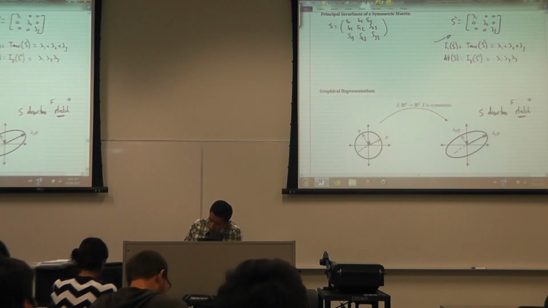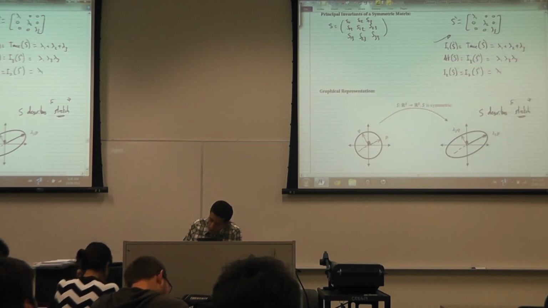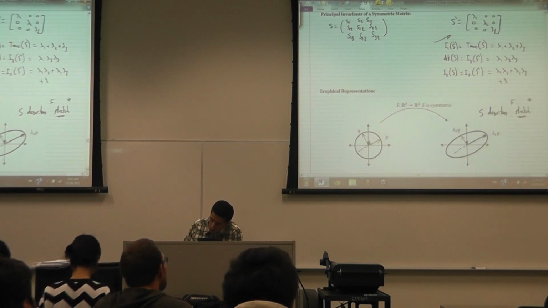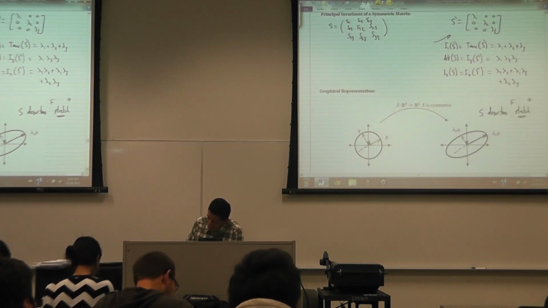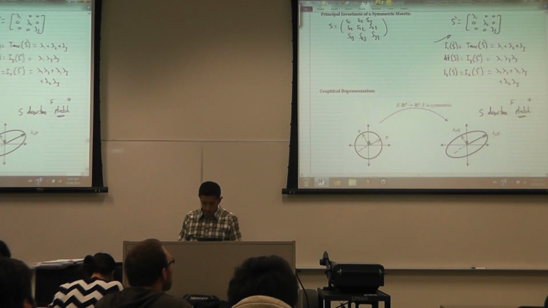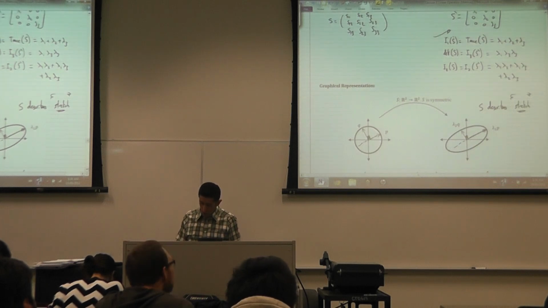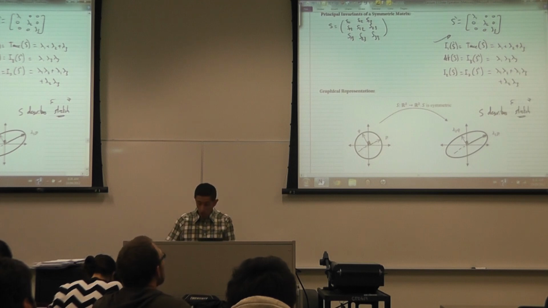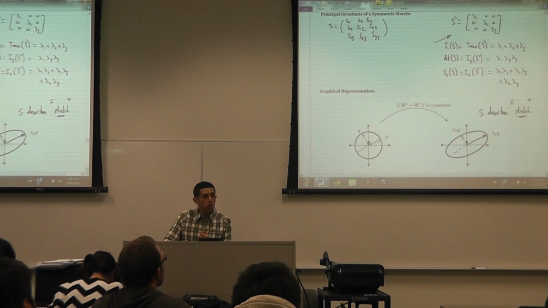And I2 of S, which will be equal to I2 of S prime, will be equal to lambda 1 lambda 2 plus lambda 1 lambda 3 plus lambda 2 lambda 3. When we're dealing with a stress matrix, we call these lambda 1, lambda 2, lambda 3 the principal stresses.